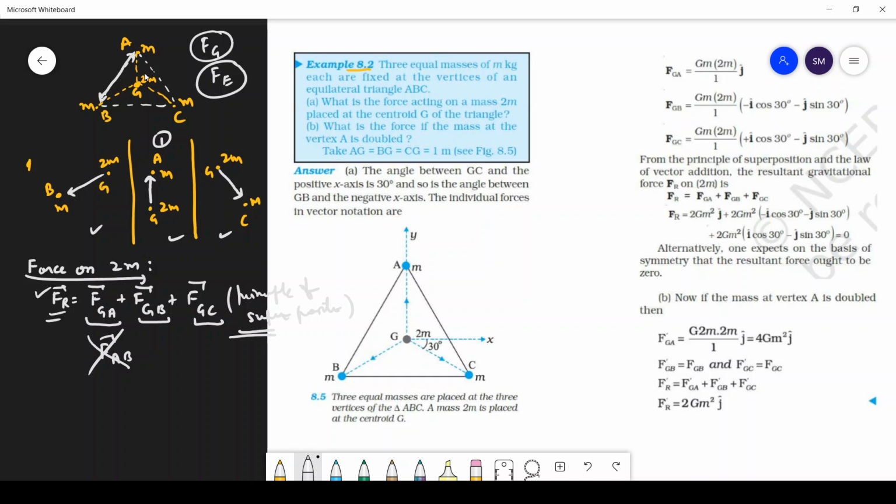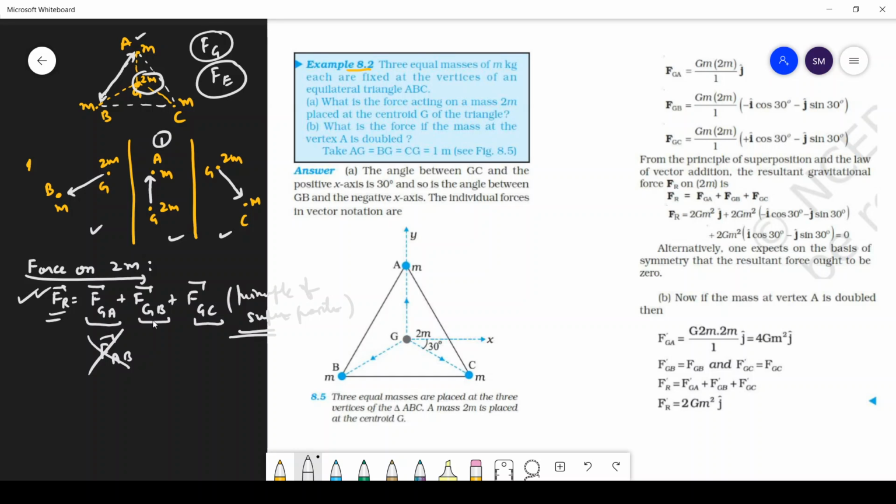I am studying force on mass 2m, so I will be individually adding the forces: force on 2m due to m at A, due to m at B, and due to m at C. So individually we are adding. That's the principle of superposition. We will use it in physics at many places. This is the beginning.